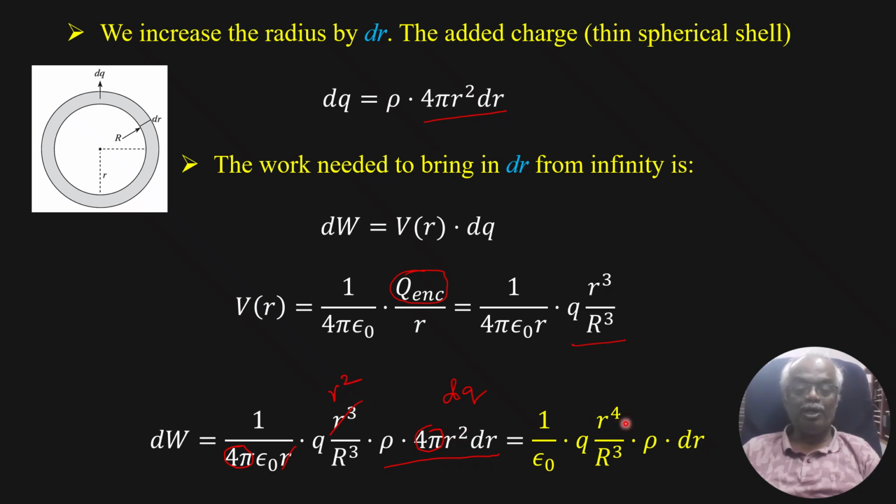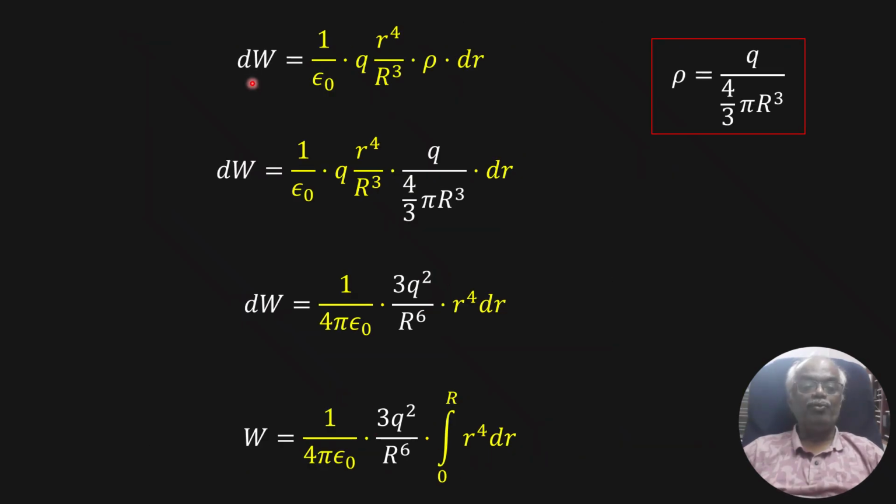So this will become r power 4 divided by capital R cube, and still you are left with rho and dr. So the small work done is equal to 1 over epsilon naught q small r power 4 over capital R cube multiplied by the volume charge density and multiplied with a small distance dr. So now we will simplify it further. Now we got the relation for this small work done.